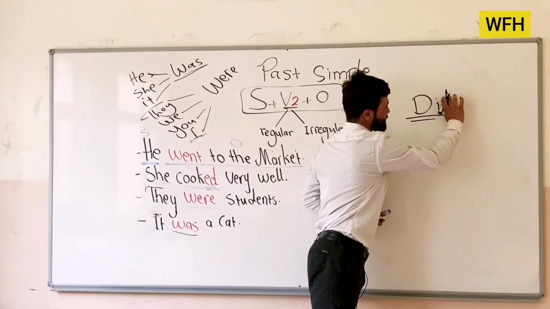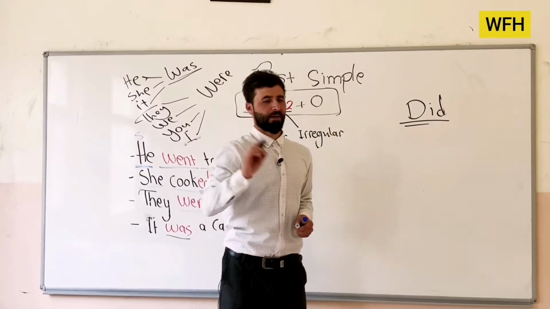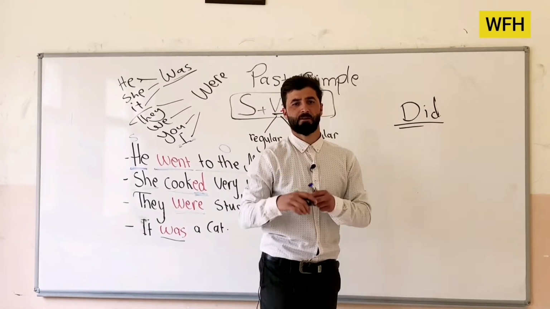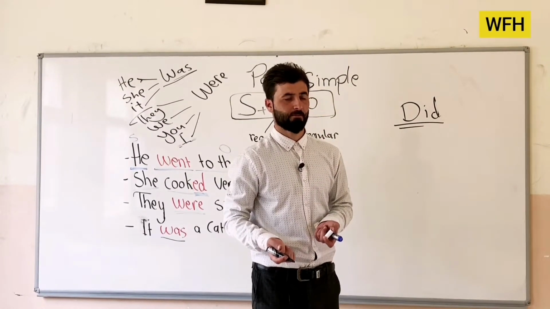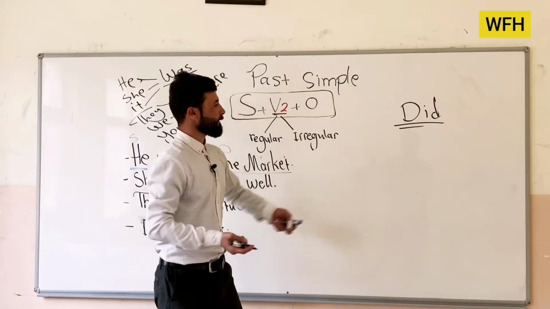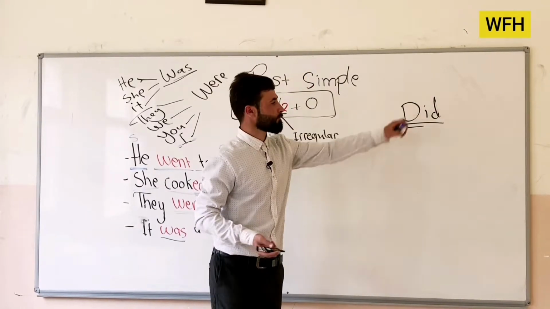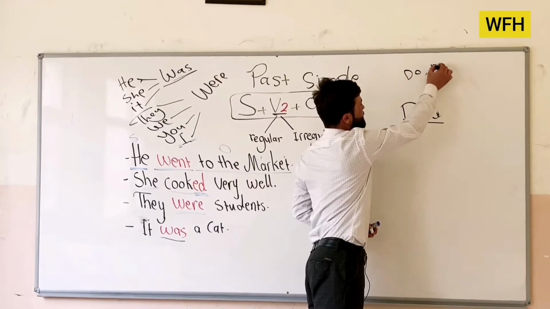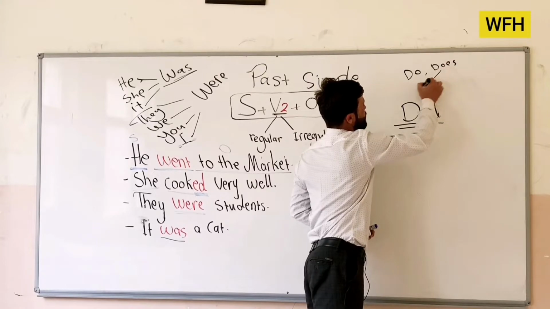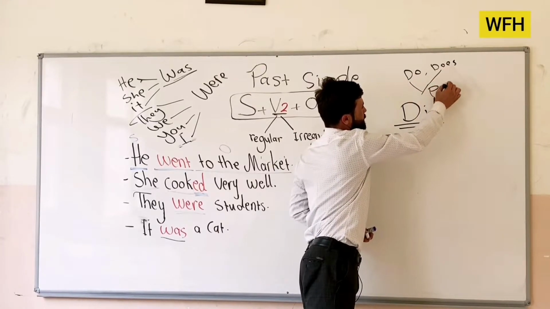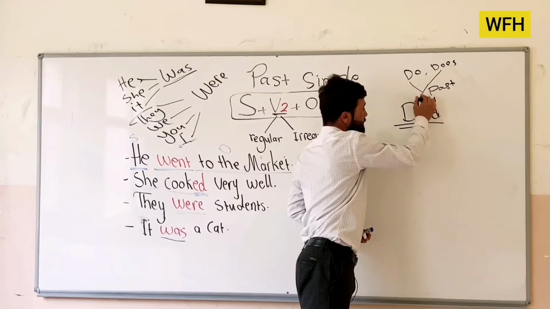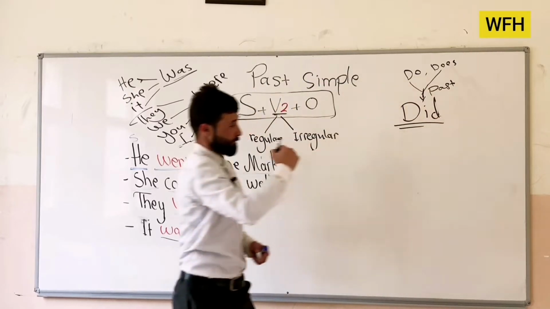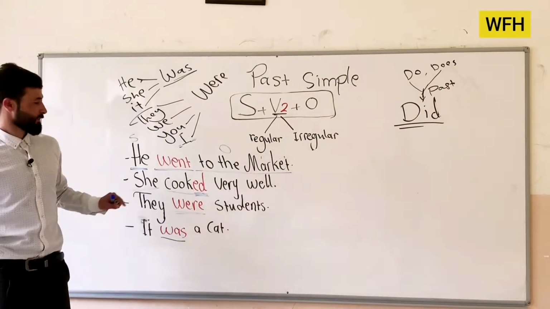Did is used for making questions or negative forms in past simple. Did is the past form of do and does. So when you want to make do and does past, it's going to be did.